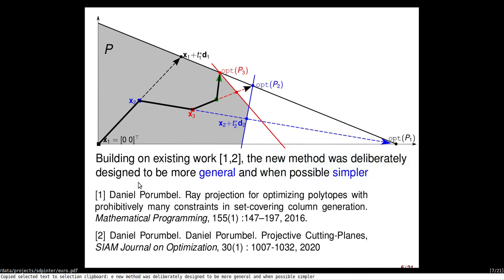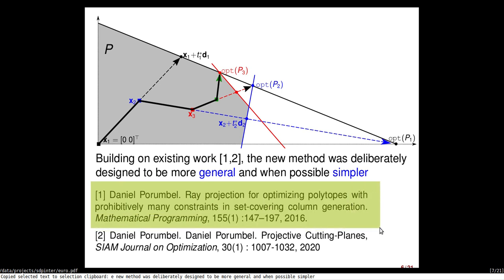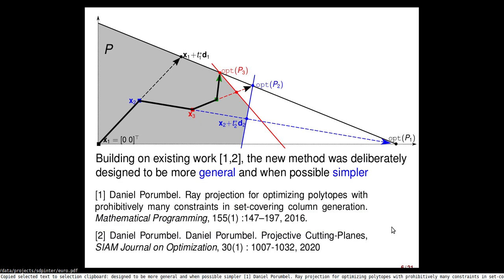I started this line of work some 10 years ago. In my first article on it, it was a quite complicated proof because the method was a bit more intricate, more complex. So the most difficult task was to make it even simpler.